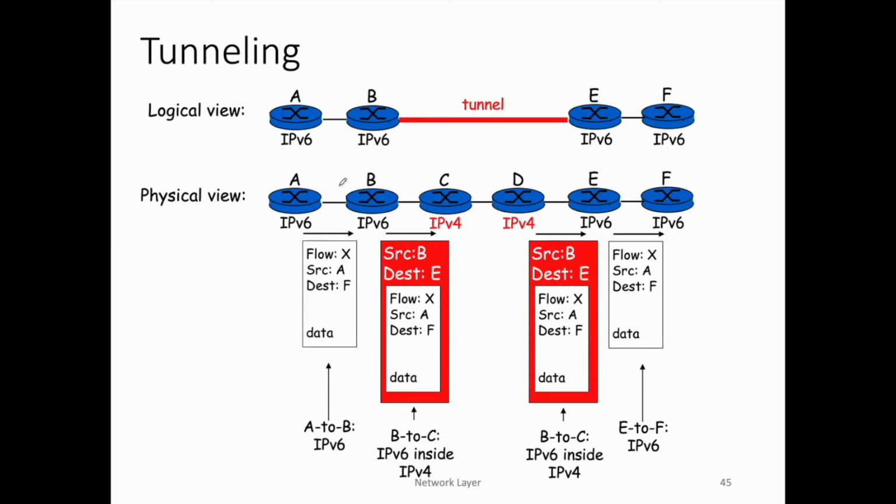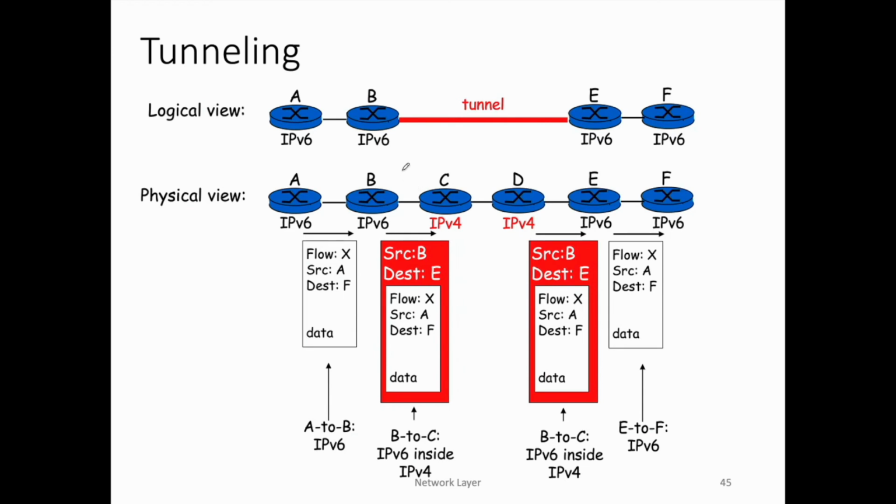So if a packet comes from an IP version 6 enabled router, say A, and the next router is C, what it does is that it generates an IP version 4 packet. In this case, I'm talking about the dual stack implementation.